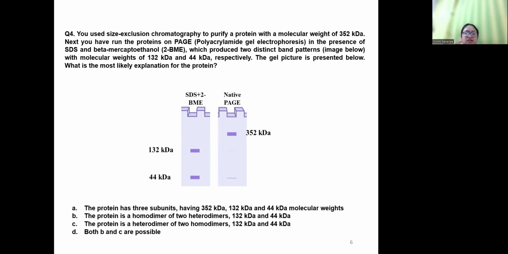Now, if the quaternary structure breaks, then the protein is coming down to its heterodimer or homodimer form, or its subunits. One subunit means one peptide chain. Now, if two similar peptide chains form together, they form a homodimer.